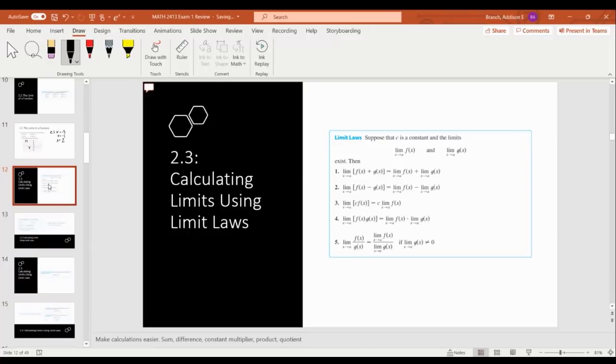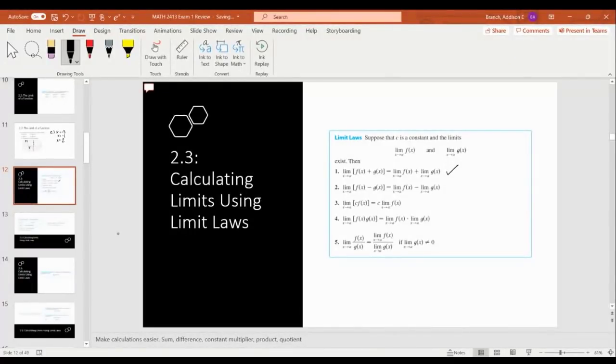All right, section 2.3 is going to go over our limit laws and how to actually calculate limits. Limit laws are pretty simple. They just make our calculations a lot easier. The main ones we've learned in this section: our sum law, which means we can break apart an equation into different limits and add them together.